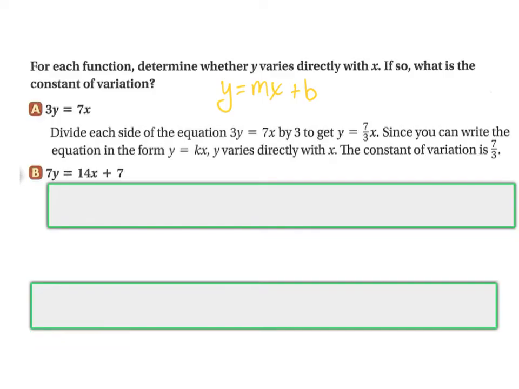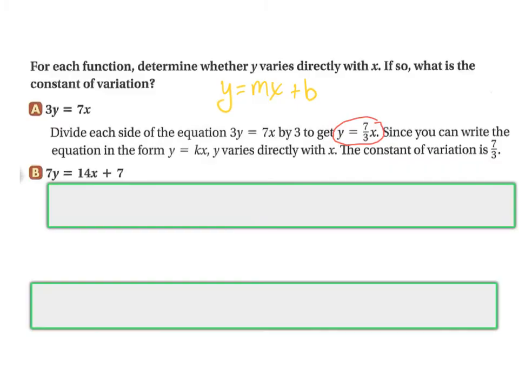I have two terms, 3y on the left, 7x on the right. I'm going to divide both of those by 3, and I get y equals 7/3 x. So that's a line, because I don't see any exponents, and I don't see a b, so that means it must go through the origin, so that is a direct variation, and the constant of variation is 7/3.